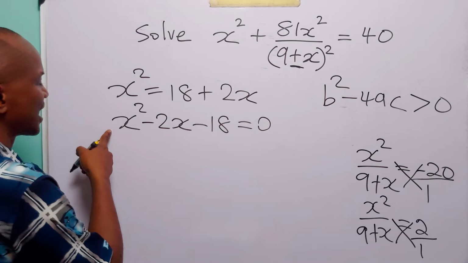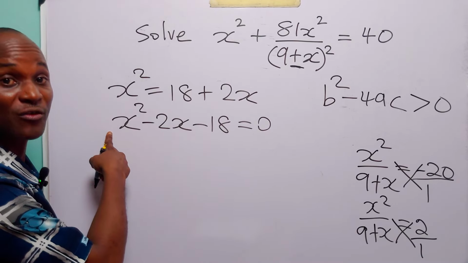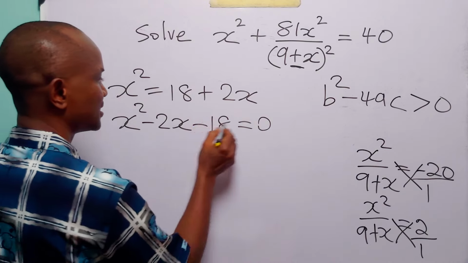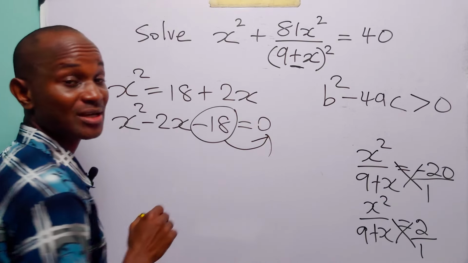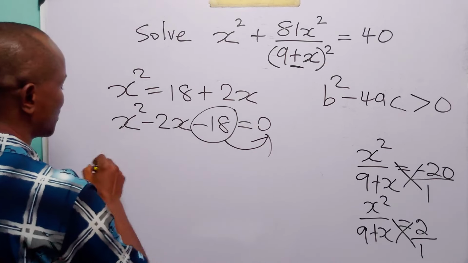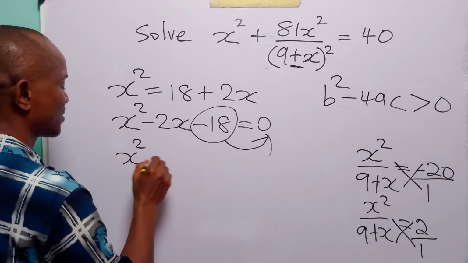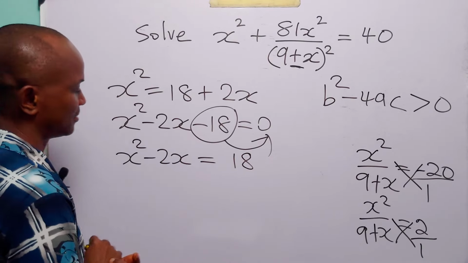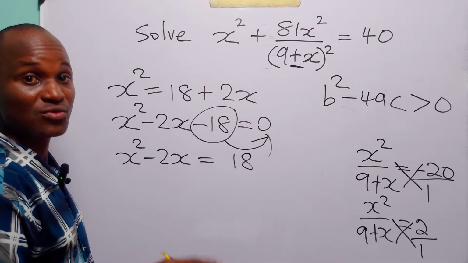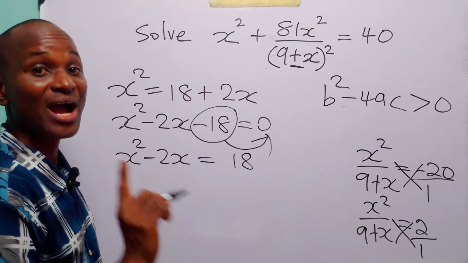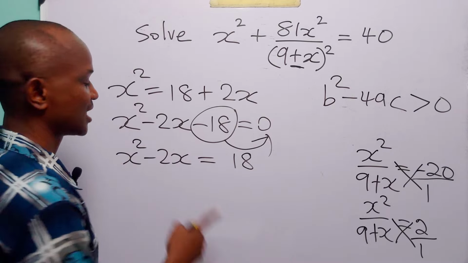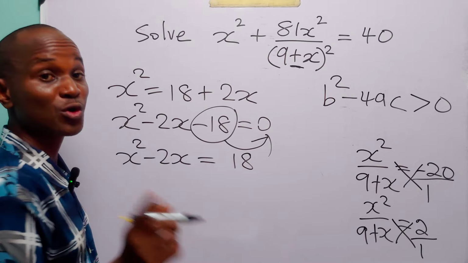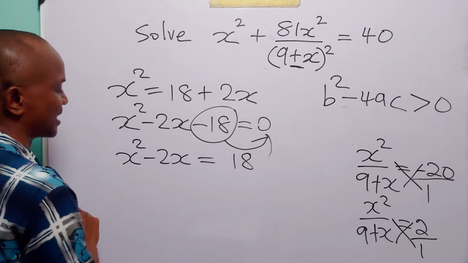The first thing we do after making sure that the coefficient of x squared is 1 is to move this constant term over to the right hand side. When we do that, we have x squared minus 2x is equal to 18. Now, the next thing we are going to do is to add the square of half the coefficient of x to both sides of the equation to complete the square on the left hand side.